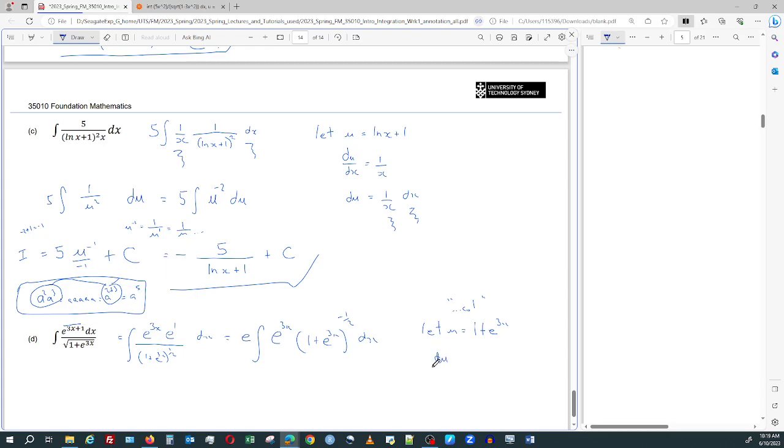So du dx will become, the 1 disappears, but this now needs a little mini chain. And I'll just do it for the sake of it. Let m equal 3x, and u will be equal to 1 plus e to the m. The dm dx, there's our little chain, and du dm.